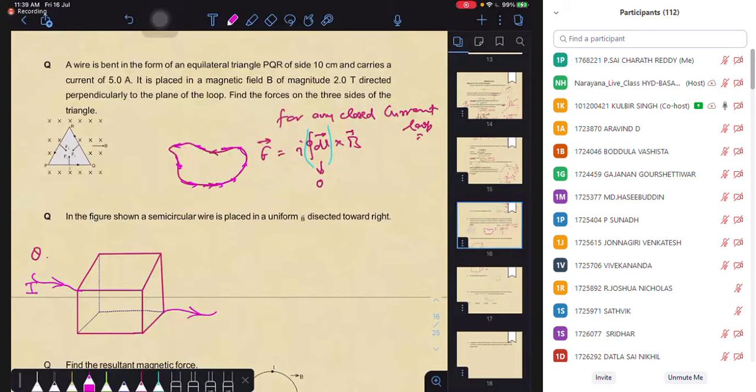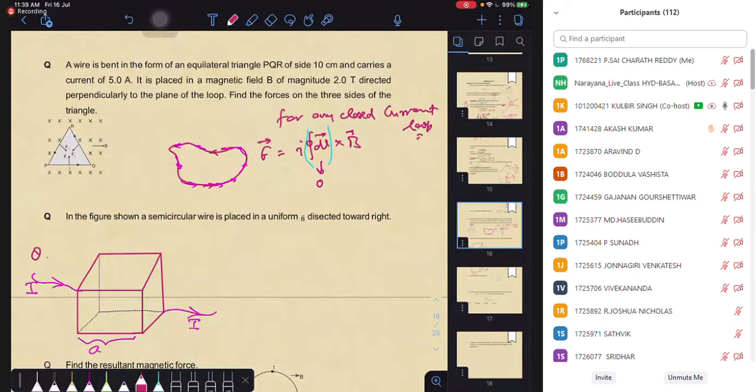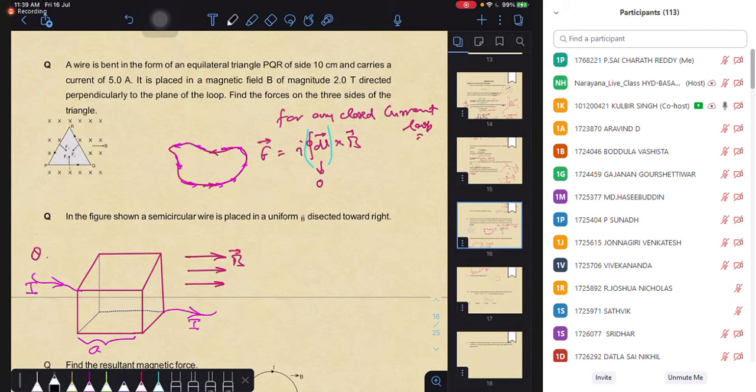Current entering is I, current leaving is I. Each side of the cube is a, and we have a magnetic field in this direction. The question is to find the force on the cube.